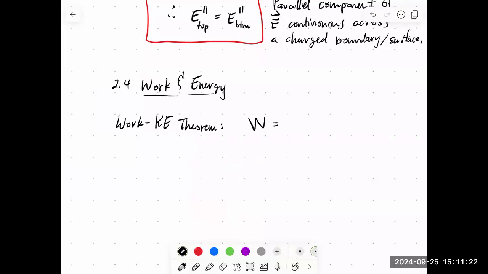So work is equal to the change in kinetic energy, and work is calculated as the integral of F dot dl between two points A and B. And so that has to be equal to the change in kinetic energy. All right. For electrostatics, F is equal to Q times the electric field. Okay, so we're going to substitute in F is Q times E.